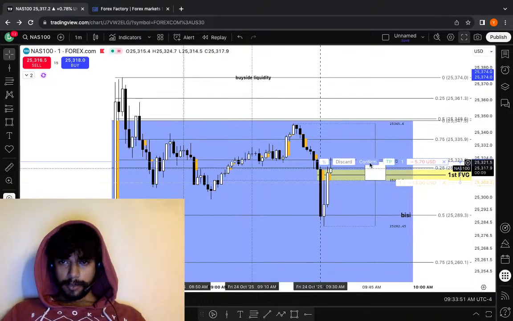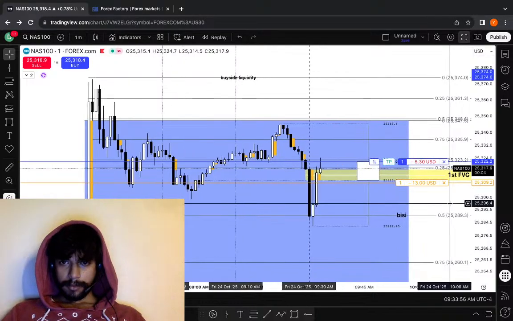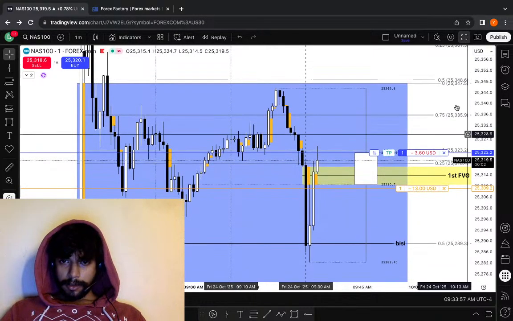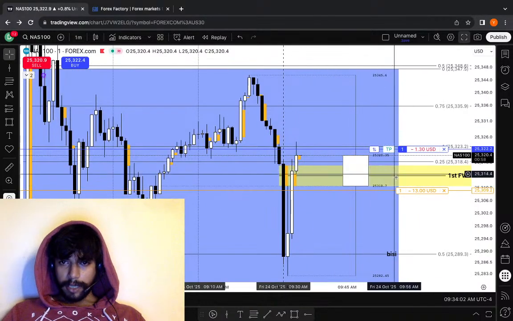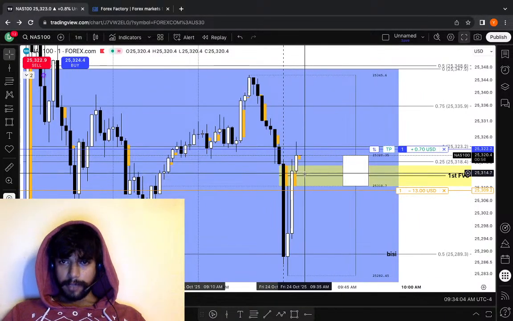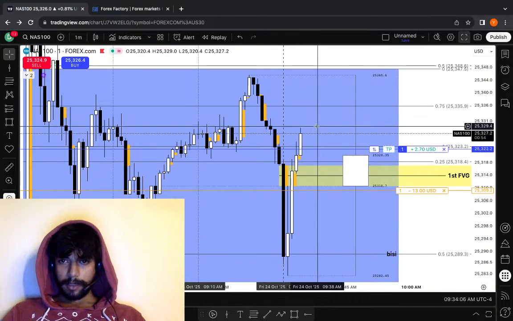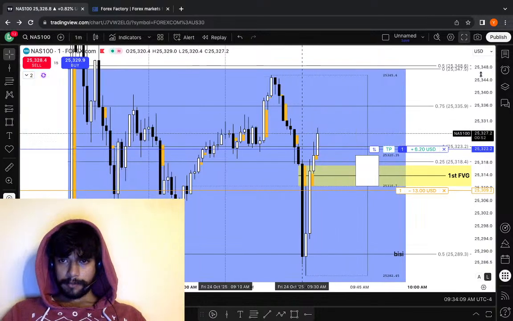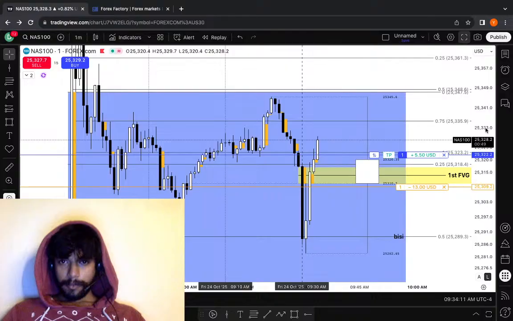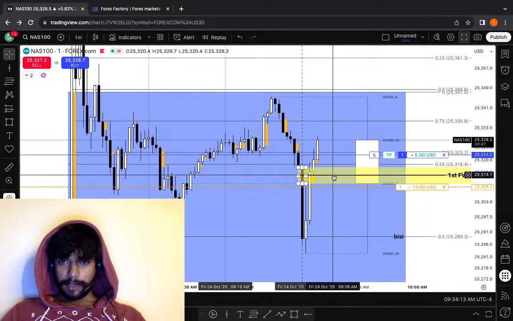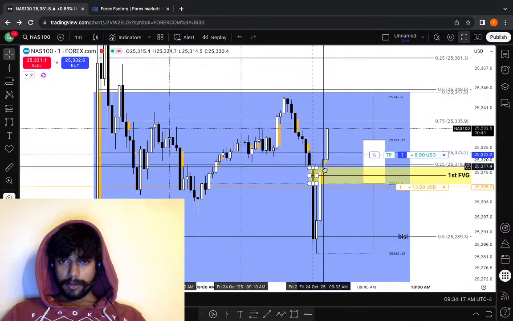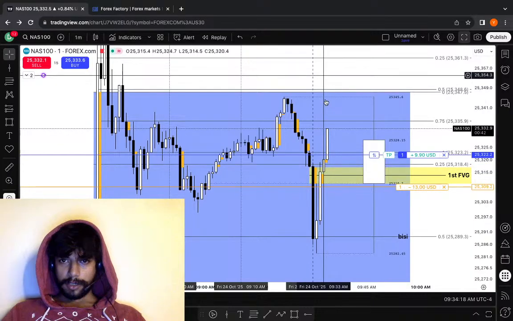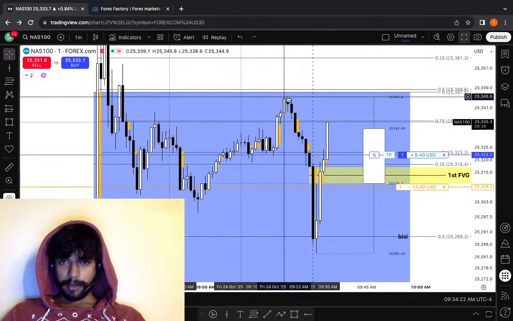Just taking a small risk right here. Now I want the midpoint of this gap to support the prices higher. Look at that. Because this gap is acting as the inversion now. I don't want price to come back down to touch it. It should just break this high right here.